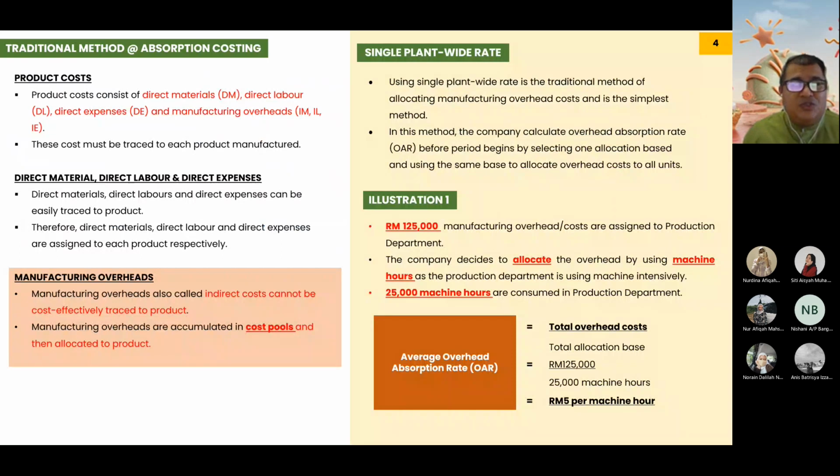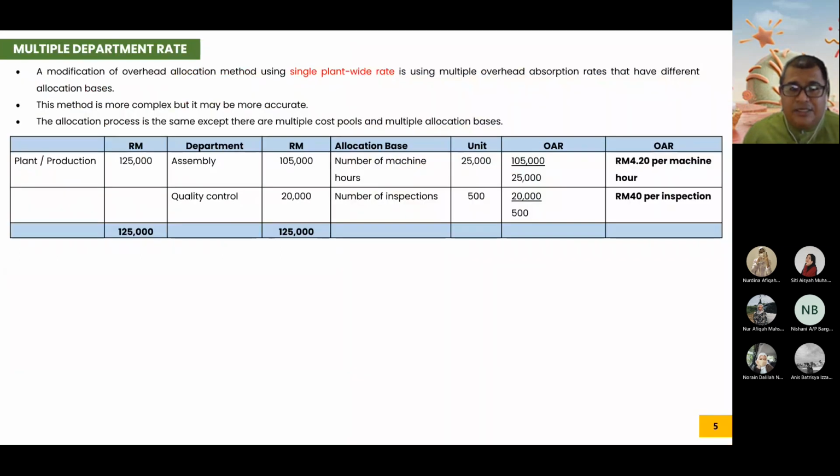Now kita tengok balik yang this one, dia punya total cost the same 125k, tapi dia punya allocation base tu kita dah ada dua, which is for two separate departments, which is assembly and quality control. Okay, ni contoh sahaja ya. So kita pecahkan pada dua, which is 105k for assembly department and another 20k for quality control department.